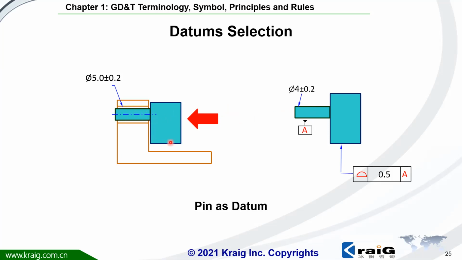The bottom surface is going to have some distance to the other one. In this situation, the datum is supposed to be specified to the pin, not to the bottom surface, because the pin is the mating surface, or the mating feature.